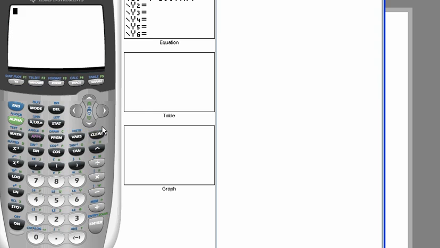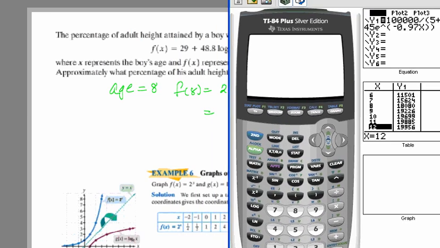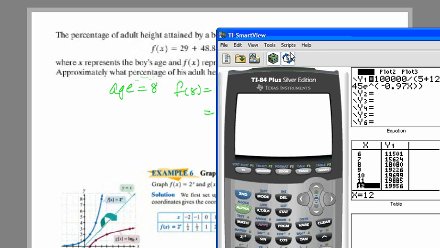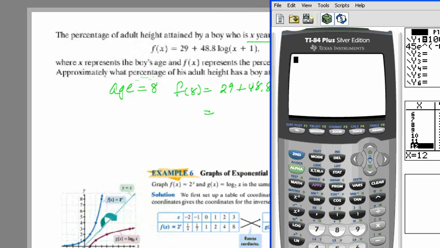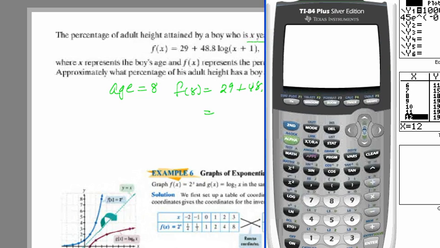Okay, let's clear that out and find out where our function is. 29 plus 48.8 log of x plus 1.